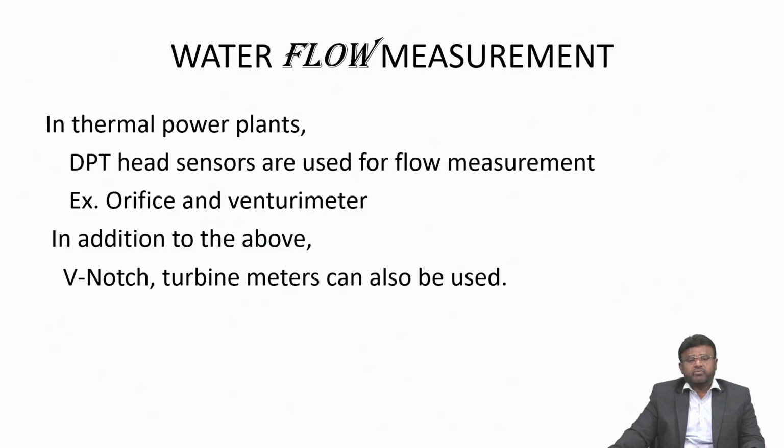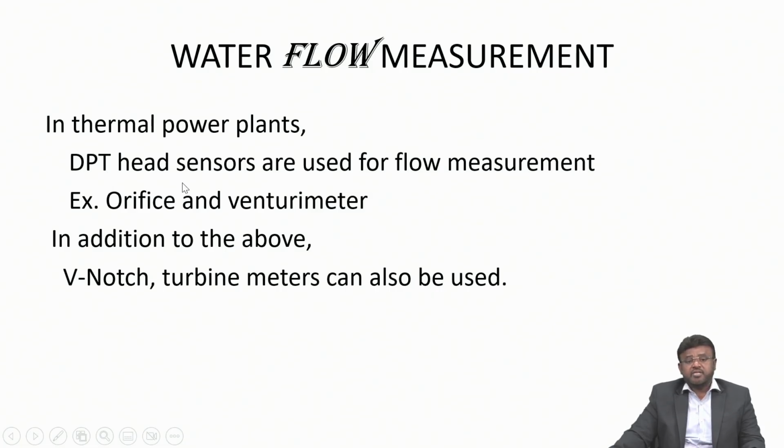So let us see how water flow can be measured in a thermal power plant. Here an important instrument like the differential pressure transmitter, DPT, with head sensors is used. DPT is nothing but differential pressure transmitter. They are used for flow measurement.